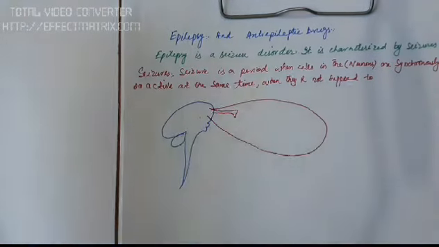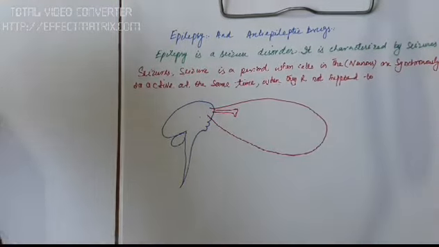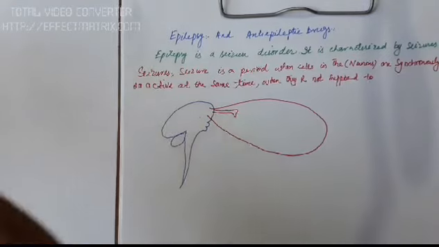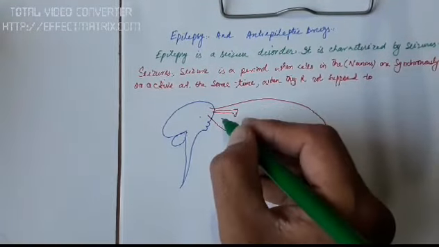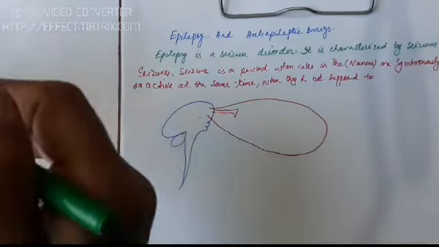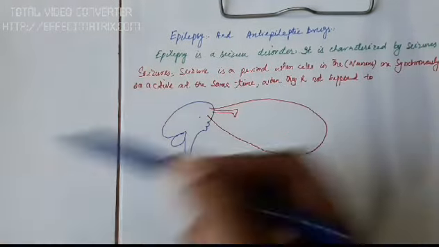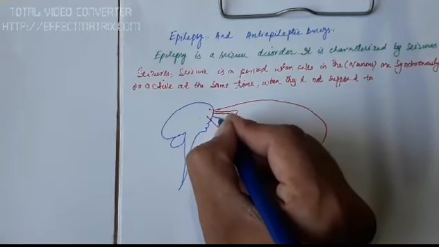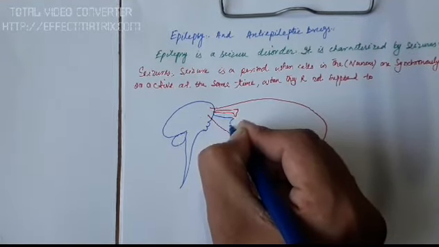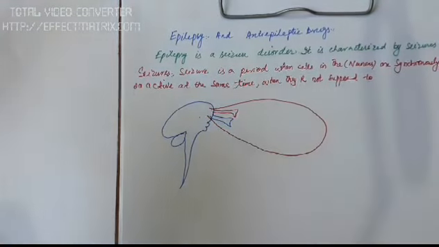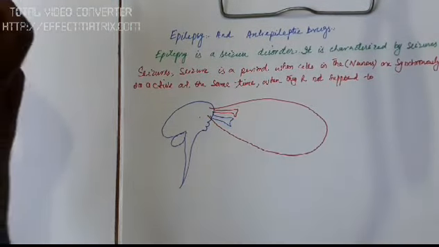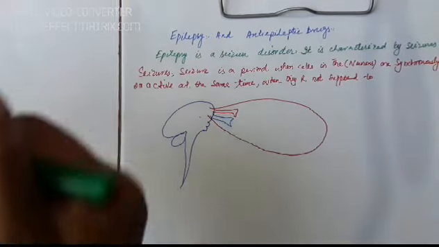Let us suppose this is a glutaminergic or glutamate releasing neuron, or an excitatory neuron, and let us suppose this is an inhibitory neuron. We will discuss these excitatory and inhibitory neurons in detail in the coming lectures.